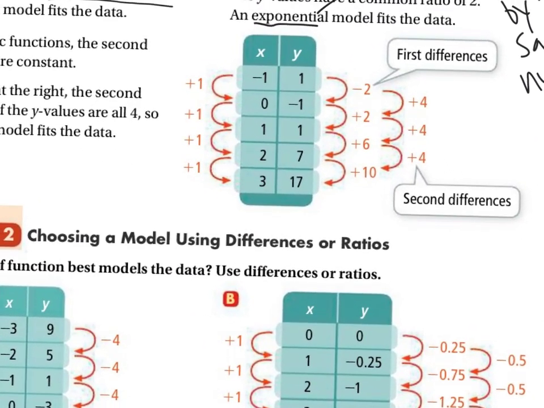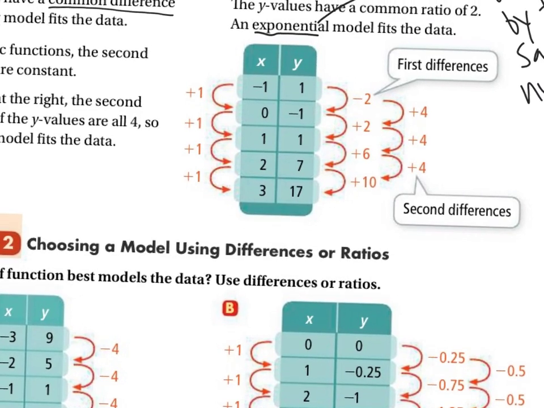And then it's kind of interesting here with this last one. The x is increased by 1 each time. If you look at the y values, they were subtracting 2, and then they added 2, and then they added 6, and then they added 10.